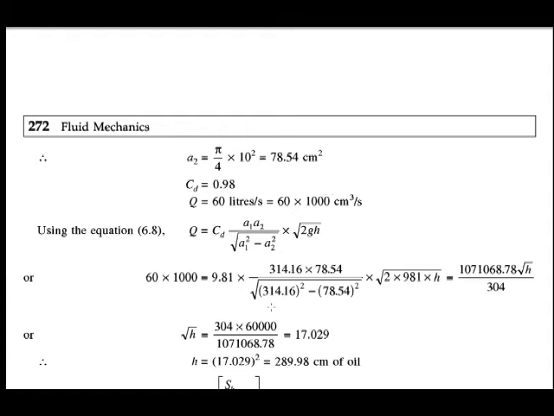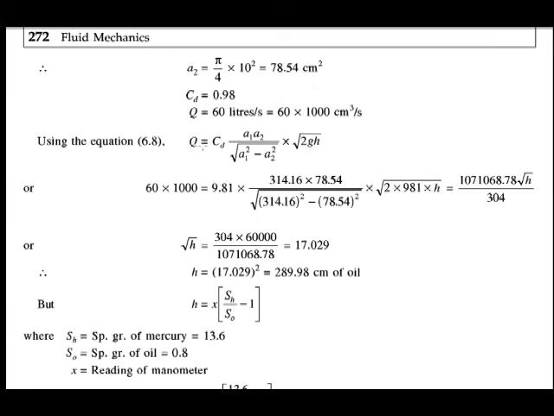Now put all the values. Q is equal to 60 into 1000 is equal to CD 0.98 into A1, which we have calculated as 314.16, into A2 as 78.54, upon in bracket square root of 314.16 square minus 78.54 square, into under root of 2 into g, 9.81, into h. Okay, here we don't know the value of h, so we have to calculate it.